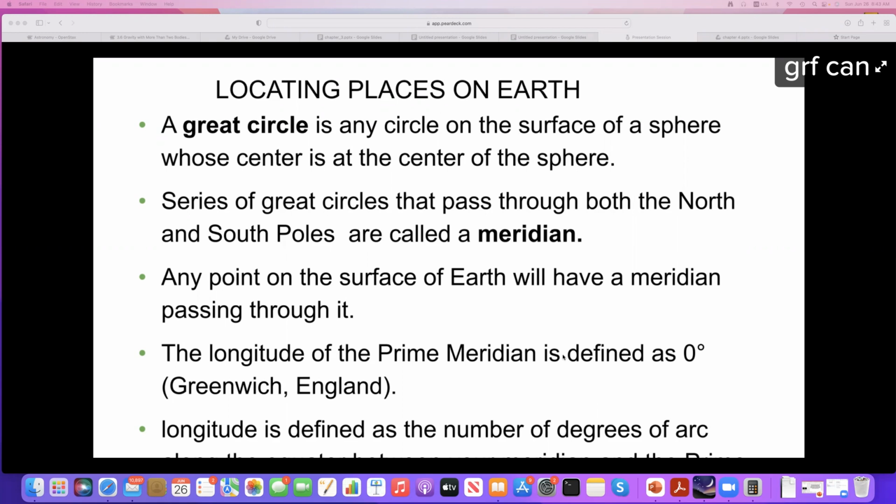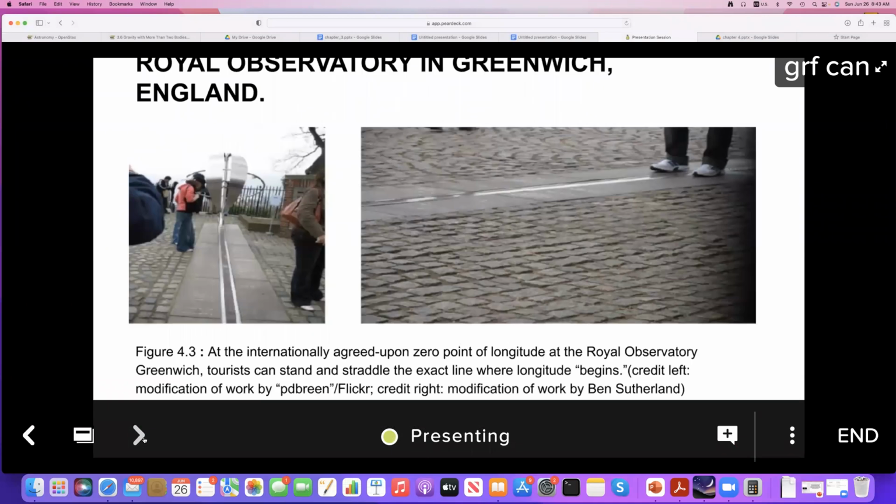And if you talk about the latitude, that is the number of degrees that you are away from the equator along your meridian. Now let me go to the next slide and show that.